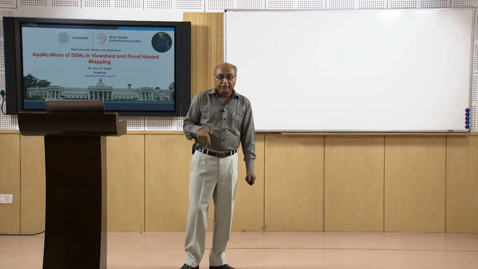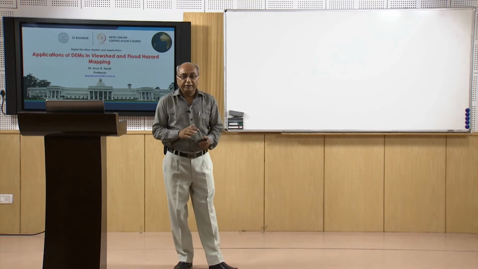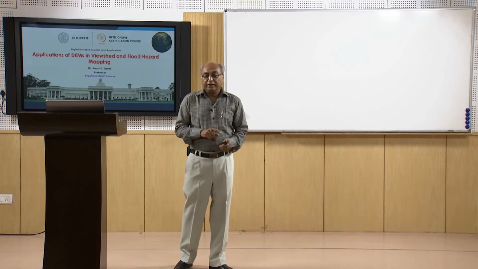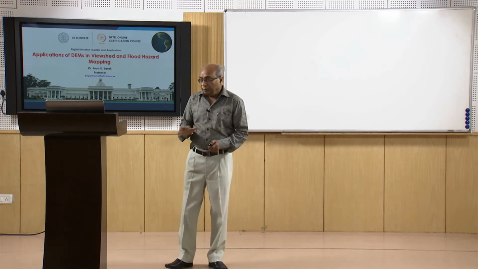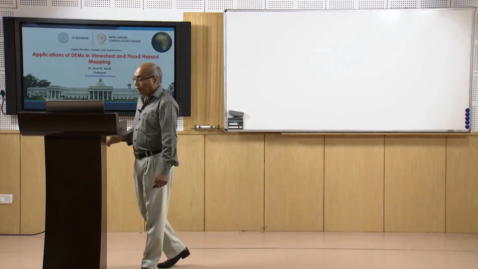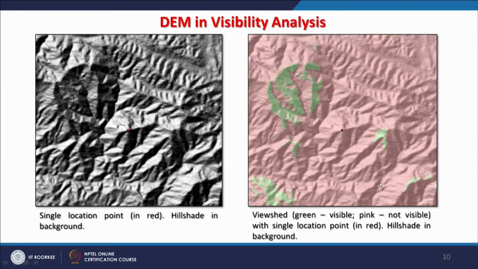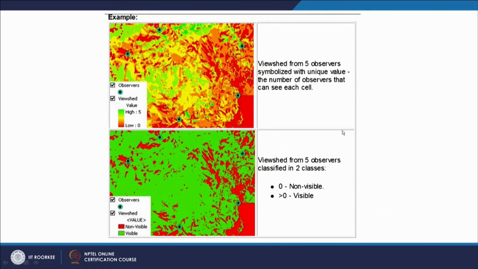We can restrict it in a particular direction, within a circle whose radius we can decide, or a rectangle, or even for the entire digital elevation model as shown here, where the observer is here and the analysis is submitted for the entire area. So red areas are not visible from this location with that particular offset which was given here, whereas the green areas are visible.